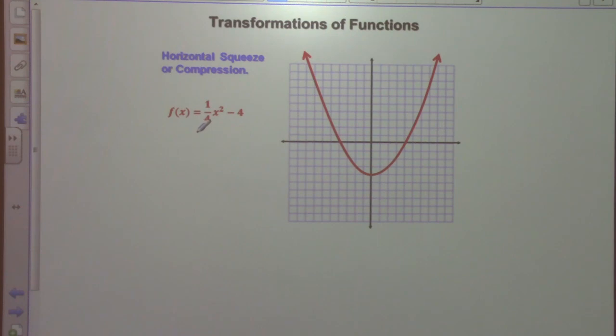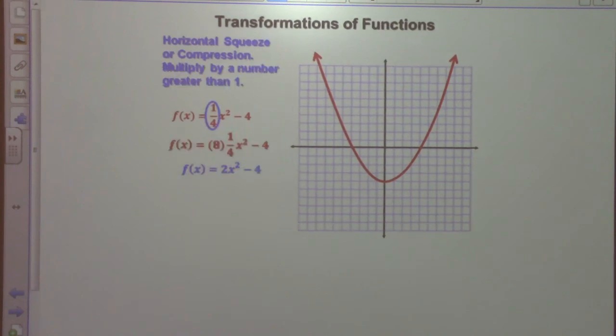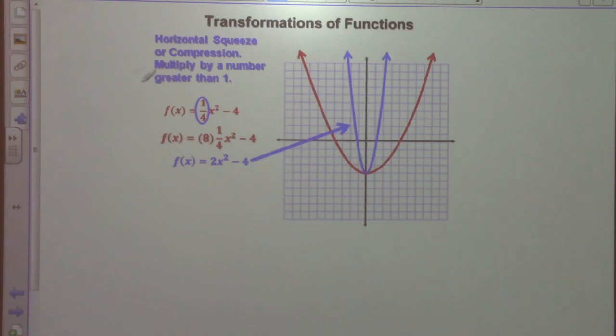It has to be greater than 1 to be a horizontal compression. That's what you meant to say, right? Yeah, so if we multiply by a number greater than 1, this is what that horizontal squeeze or compression would look like compared to the original red one here.